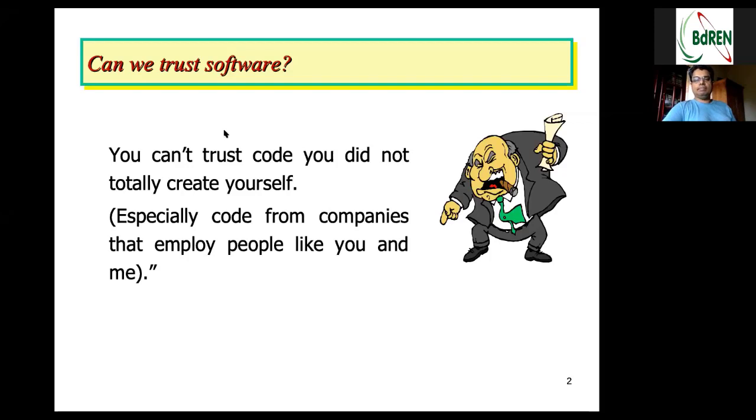You get some software, maybe from known companies, maybe from unknown companies. You install it on your machines assuming it has genuine code. But we never know. It might have errors, bugs, or someone else may plant some bogus code there. Especially since software is developed by people like you and me.